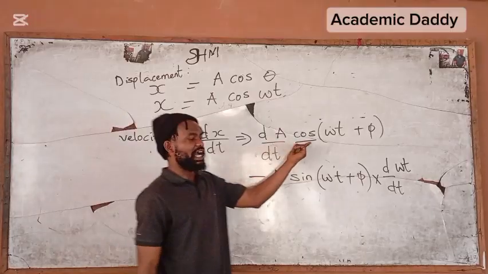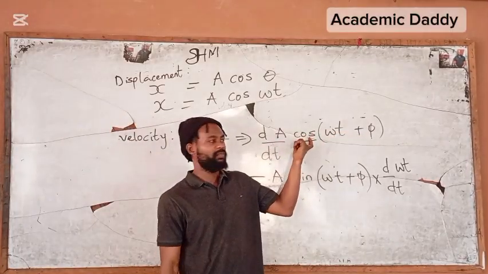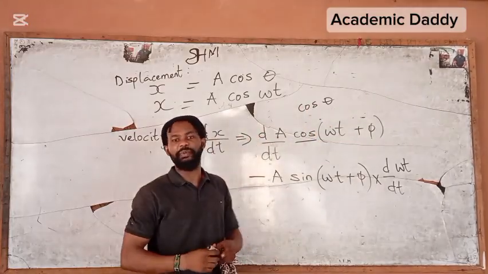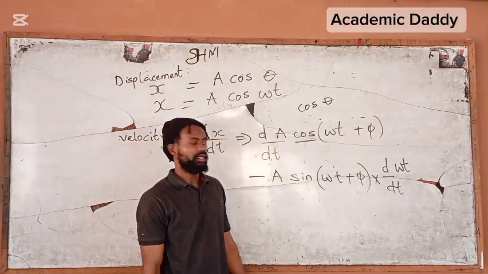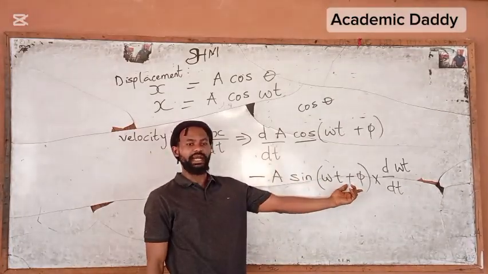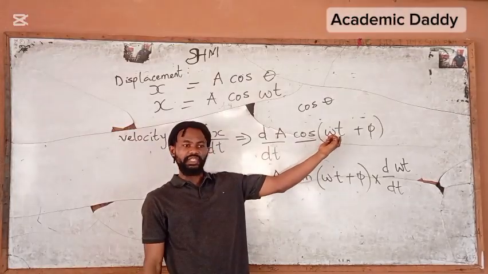Remember we said that this thing has two functions. Is it not true? It has the cos function, and this cos is the same as cos theta. The derivative of cos theta is minus sine theta. Is it not true? So we've gotten that minus sine theta, and the phase angle is a constant. I brought it back. Now again, I will still differentiate this wt that is here.